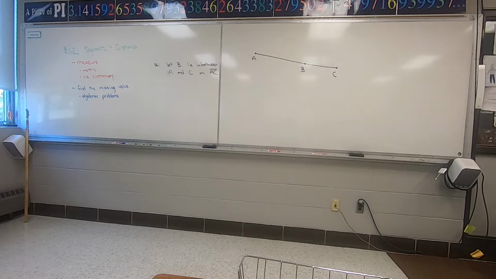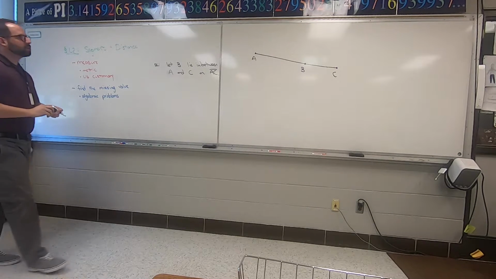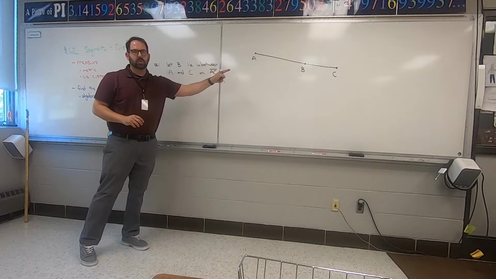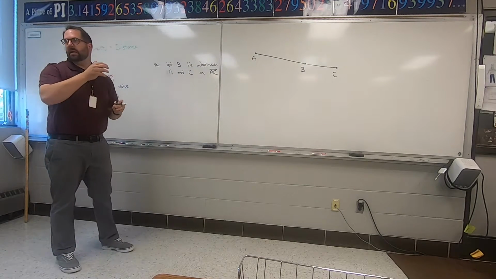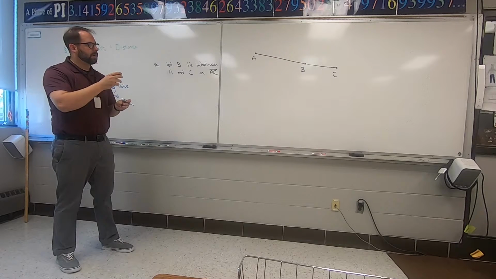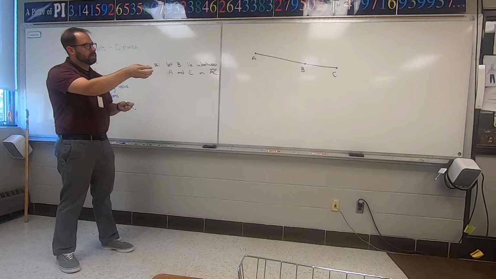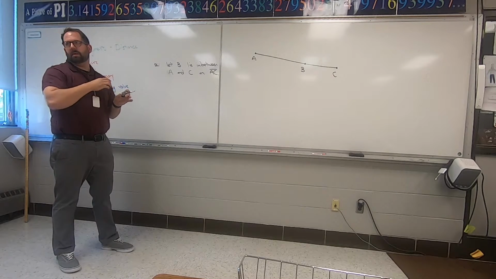What they're trying to explain is that picture right there. I don't know where B is. It's on a slider, right? It could be anywhere. It could be in the middle, off to the right, or off to the left. B is somewhere in between.